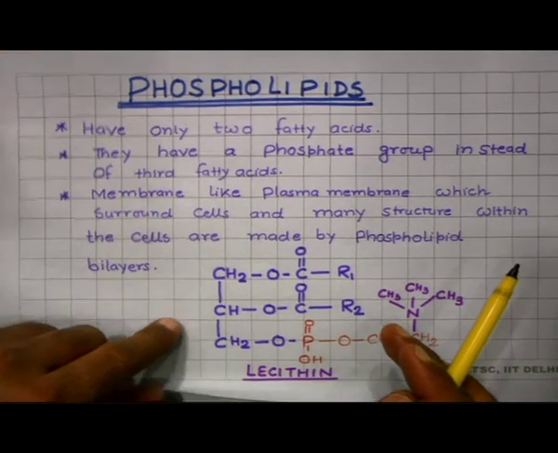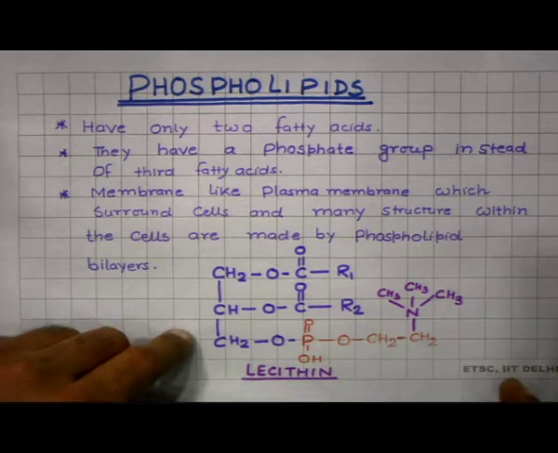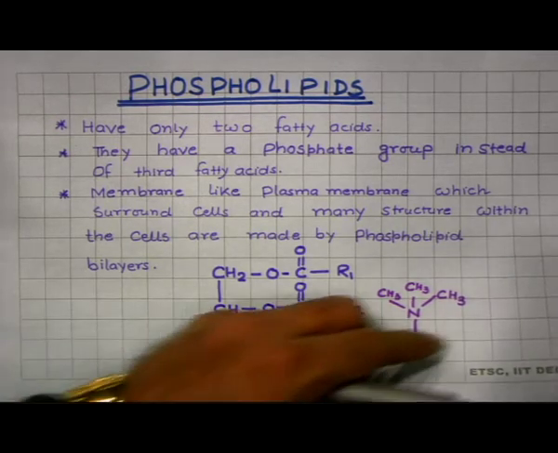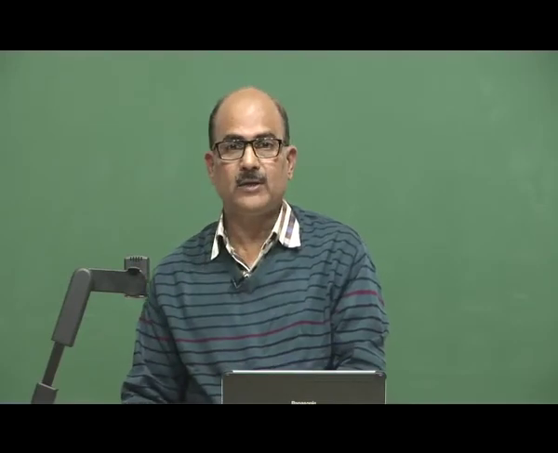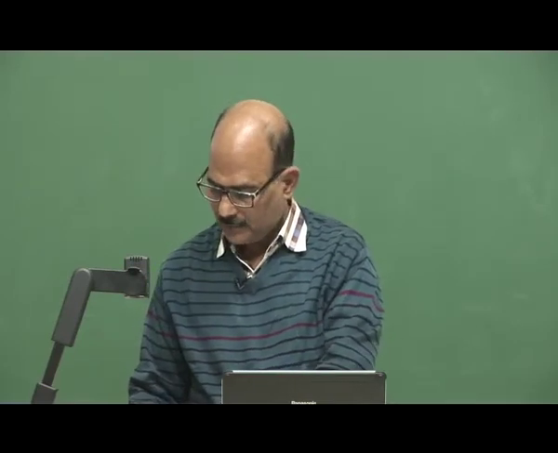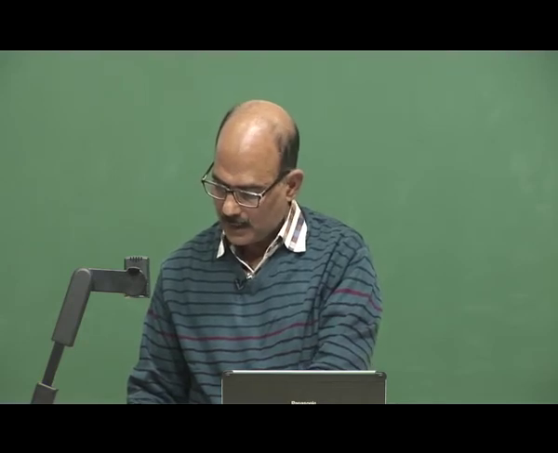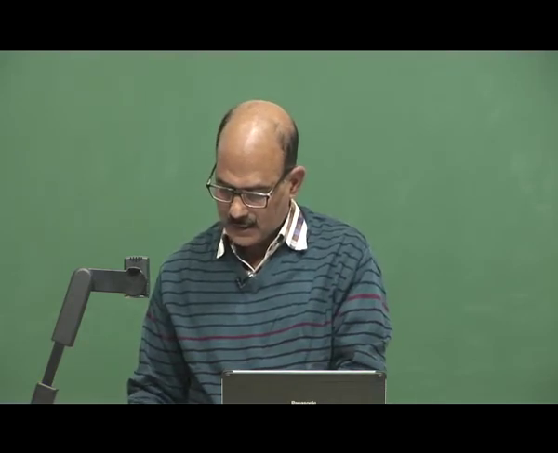As the fluid mosaic model of the plasma membrane says, it is the trilaminar membrane where the bilayer of phospholipids is there. So, phospholipid is very important, which helps in the formation of the plasma membrane and many other structures inside the cell.